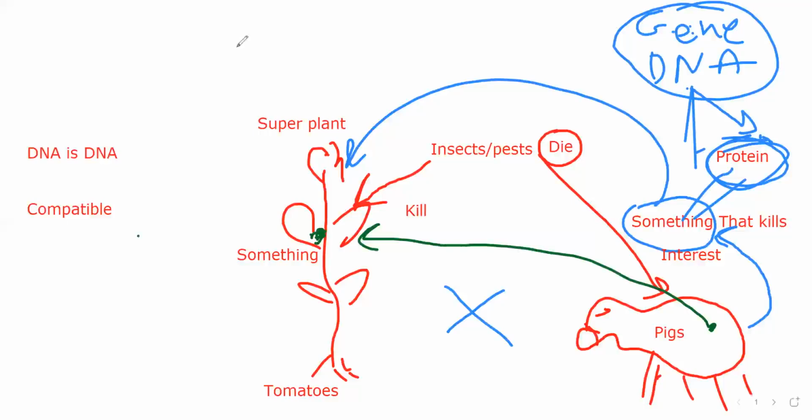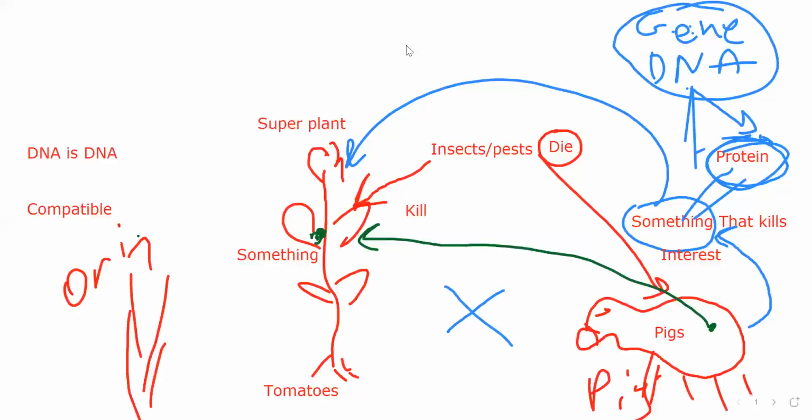It is halfway between the original plant and the pig, because it contains genes from the plant, and it also contains genes from where? From the pig. Halfway is like trans, or transition.